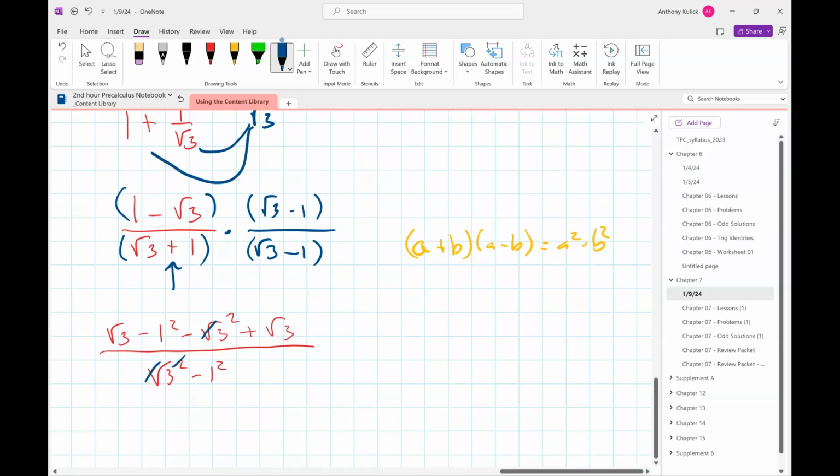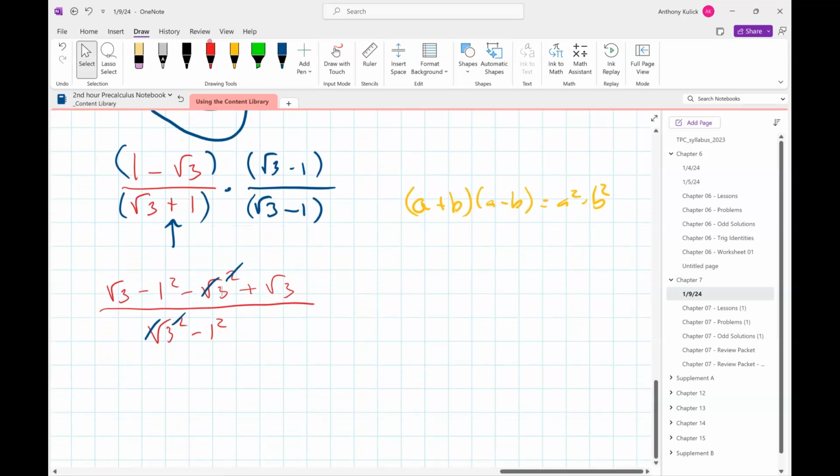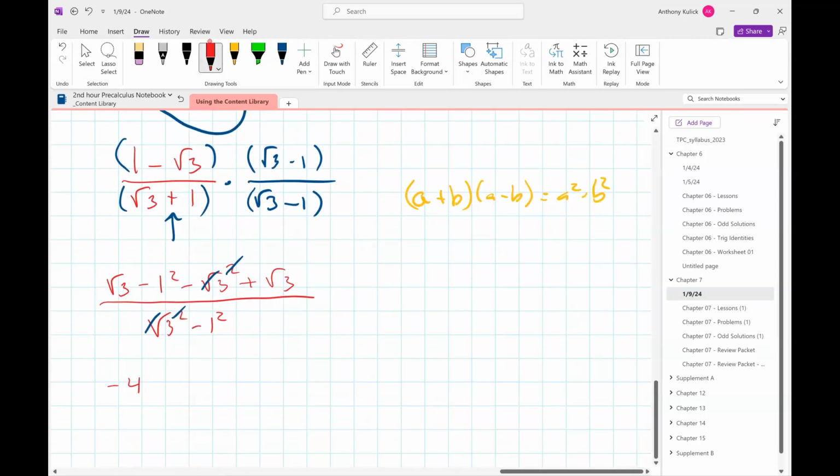I know the squares cancel the square roots. So in the numerator, I have a negative 3 and a negative 1. So I'm going to have a negative 4. In the denominator, I'm going to have a 3 minus 1, so that's a 2. And then I'm going to have 1 root 3 plus another root 3.